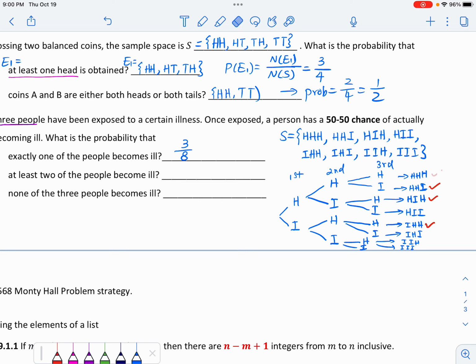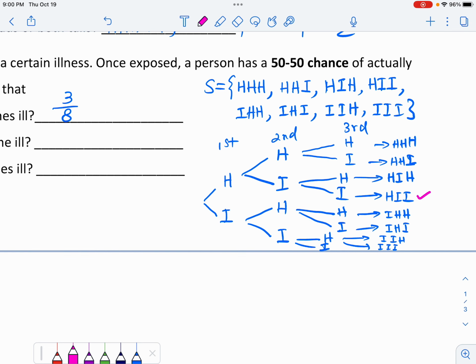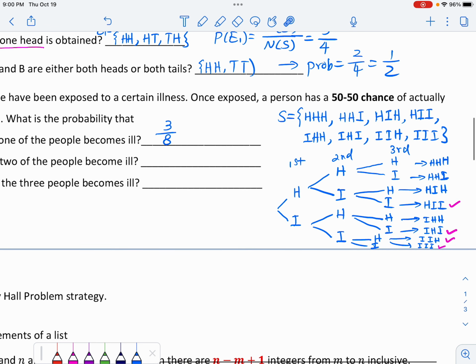I'm sorry, I thought at least 2 is healthy, so I should count that carefully. There were 2 ill here. At least 2 is ill, and at least 2 is ill. There were 3 ills, therefore this is for sure included. So it's 4 out of 8, which is 1/2.